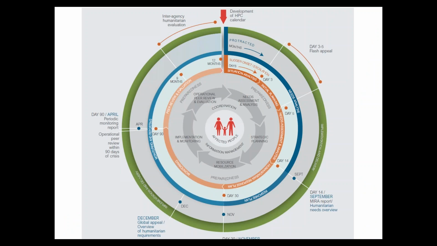The humanitarian program cycle was developed by the IASC as a guide to respond to all types of crises. The original one, if you actually look in the middle of this, was much smaller, and now in the most recent IASC coordination reference module, which is also in the handouts, they have expanded it so that it includes protracted emergencies as well as quick onset, and also does talk to the HRP, or the Humanitarian Response Plan, including evaluations, and it has the days and everything, as you can see.